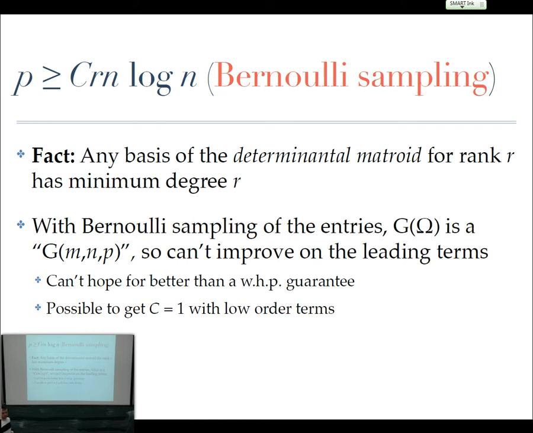In combinatorics, this is a very heavily and classically studied thing. Combinatorialists know an awful lot about it. And one of the things they know is for which p does minimum degree R happen. And that p is not far from this.